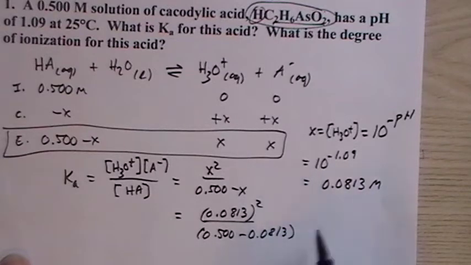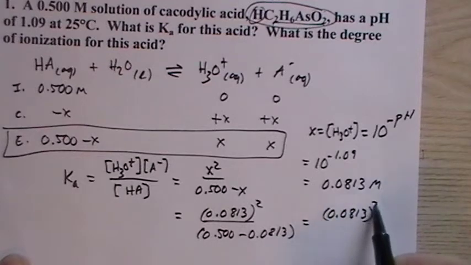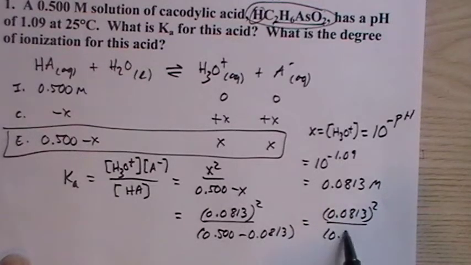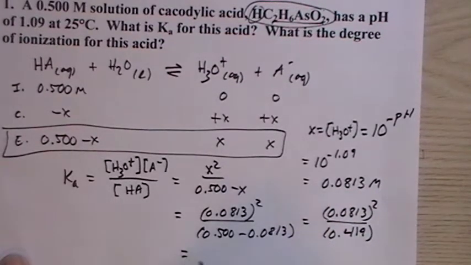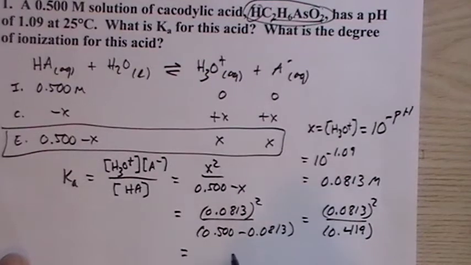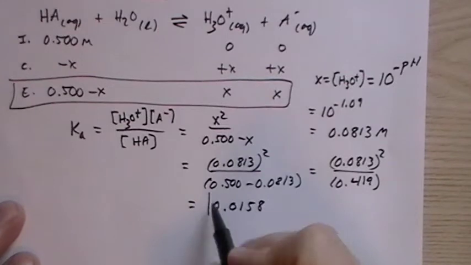On the bottom it's going to be 0.419? Yeah, 0.419. Okay, and then that's equal to 0.0158. So that's the first answer that we need.